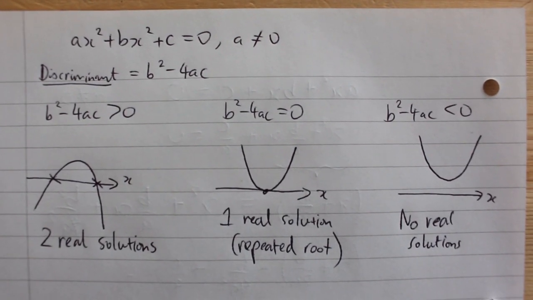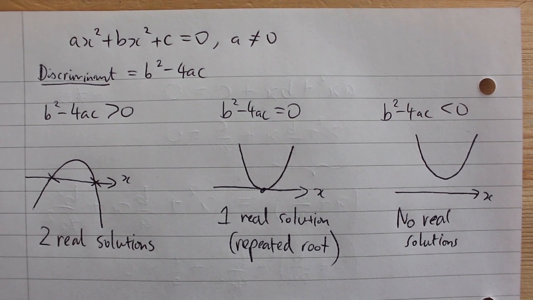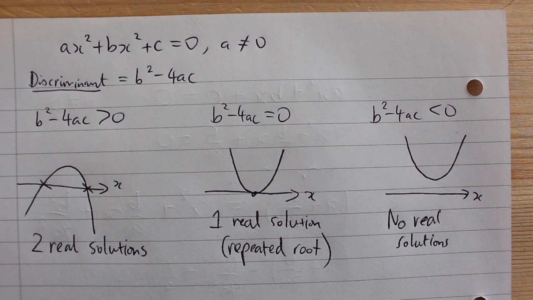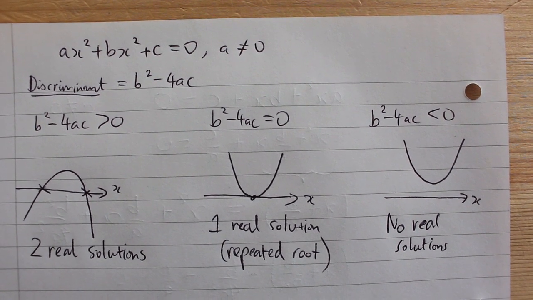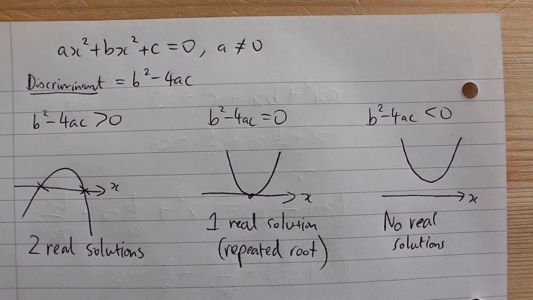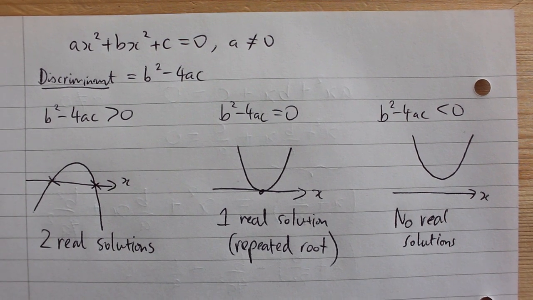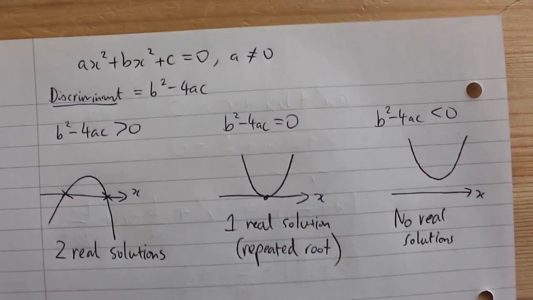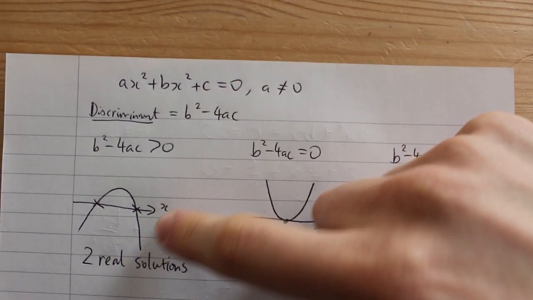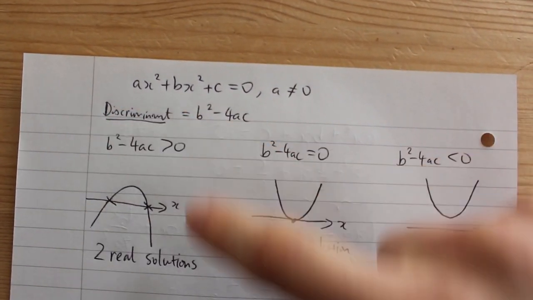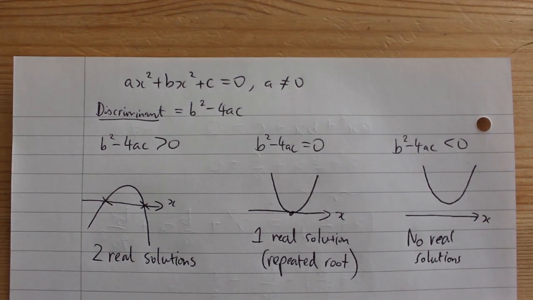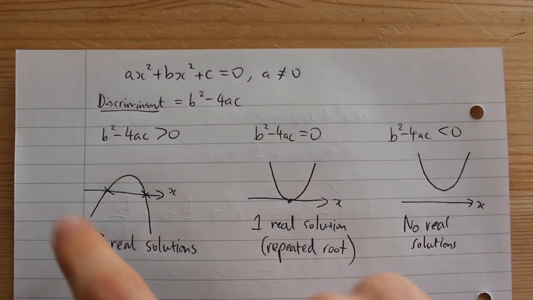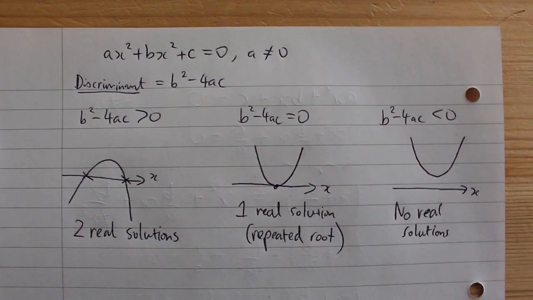There's one last thing I wanted to say about the discriminant, and that is, if the discriminant is positive, the graph of the quadratic function crosses the x-axis twice, so we get two real solutions. So if the coefficient of x squared is negative, we get a graph something like this, where it's an N shape that crosses the axis twice. If the coefficient a of x squared is positive, it would be a U shape crossing the x-axis twice.